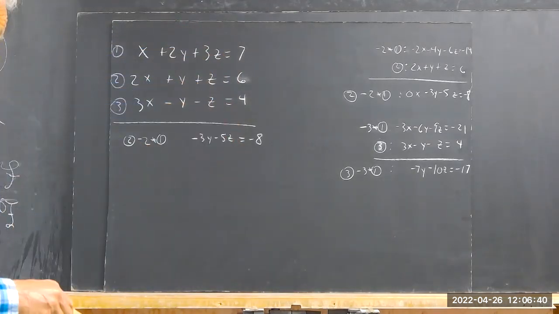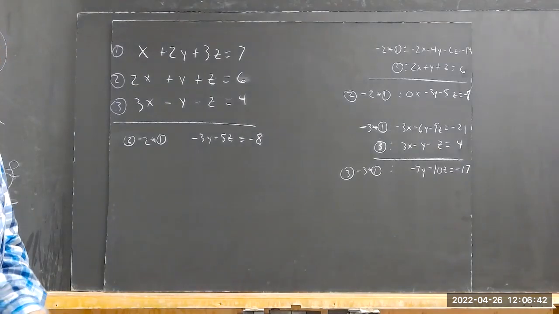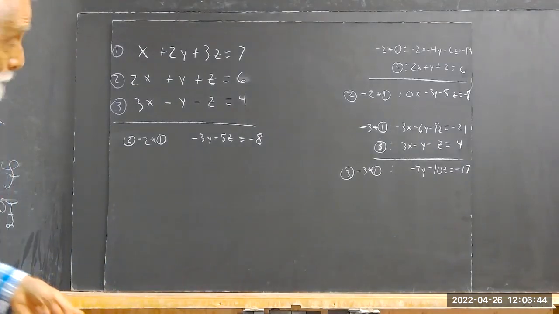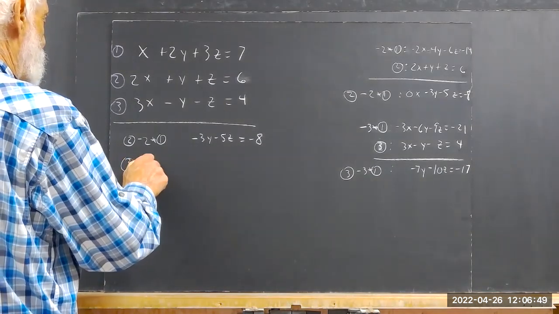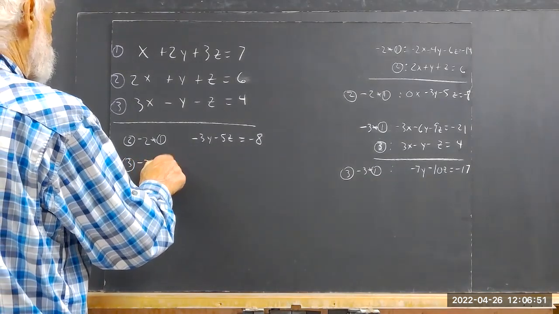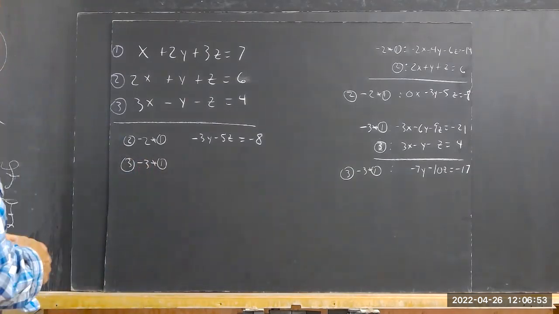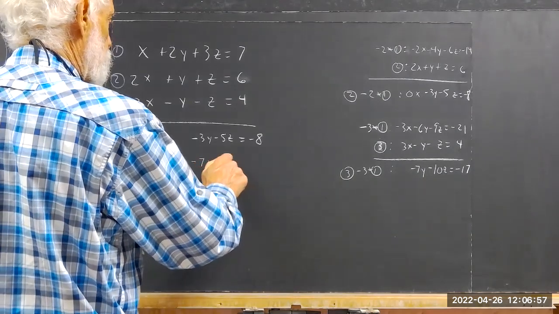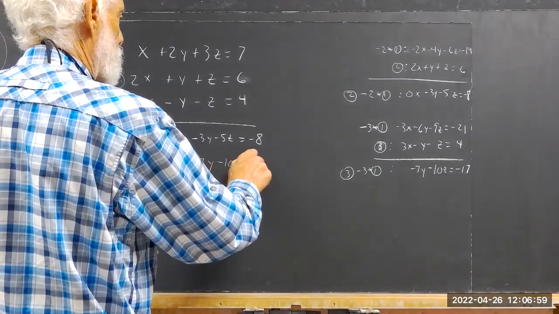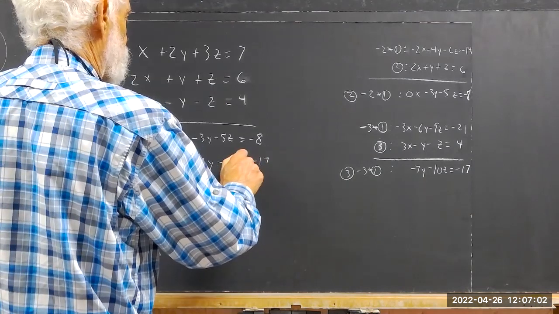Yeah, I believe that's correct. Okay. If it's not, I'll just be embarrassed and we'll fix it. Okay. So equation 3 minus 3 times equation 1 gives us -7y minus 10z equals -17.